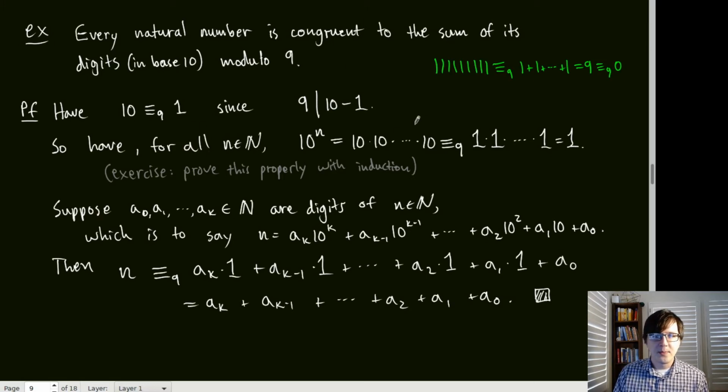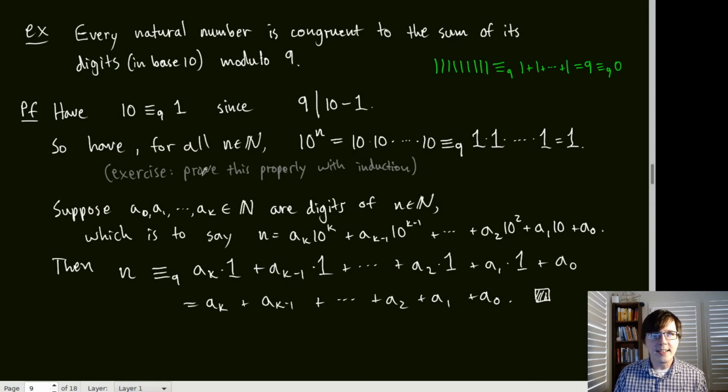So what we can show is that for every natural number n, 10 to the power of n, which is defined to be the product of 10 n times, is congruent mod 9 to 1 times 1 times 1, n times, because we're using the multiplication law repeatedly, replacing each thing in this expression with something that it is congruent to mod 9. And any number of 1s multiplied by itself is 1. So 10 to the n is congruent mod 9 to 1.